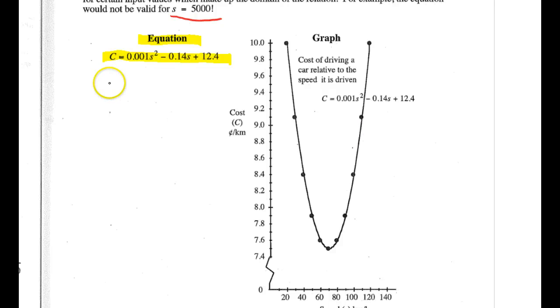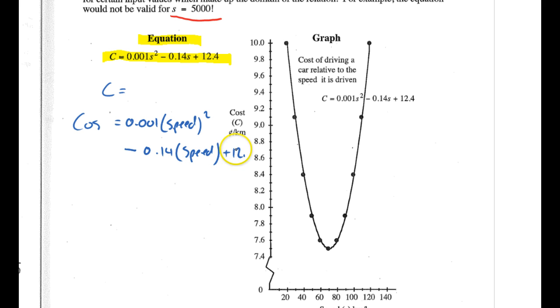So the equation is, and again, this is the cost: cost equals 0.001 times speed squared minus 0.14 times the speed, and then finally plus 12.4.